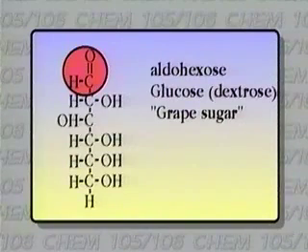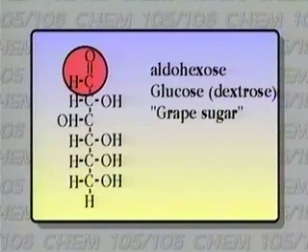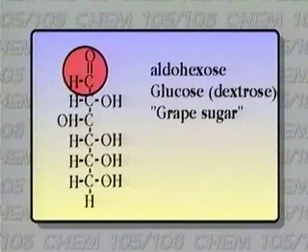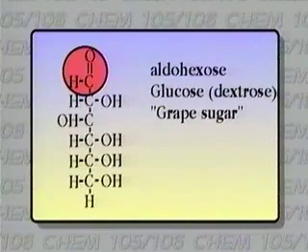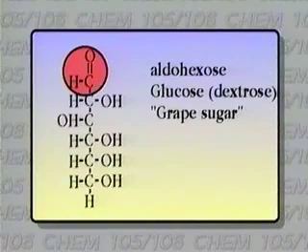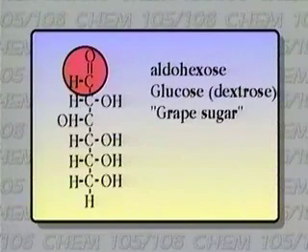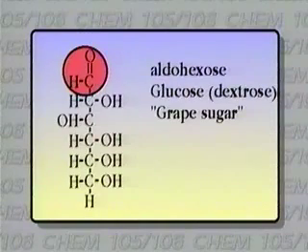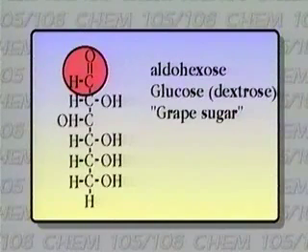Remember, in an earlier chapter when we looked at beer and wine making, we talked about the fact that in beer making, we are starting with starches and must convert them to sugars and then ferment them. When we're making wine, we're already starting with a natural sugar that's there in the grape juice, and all we're doing then is bringing about the fermentation process. So, aldohexose, an aldehyde, 6 carbons, and the grape sugar.